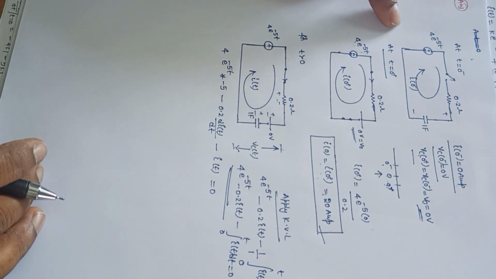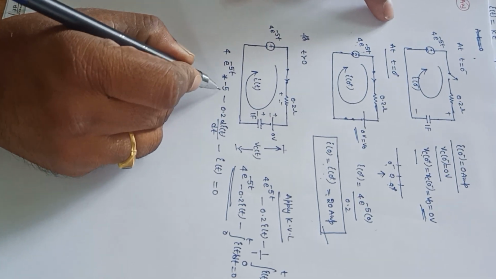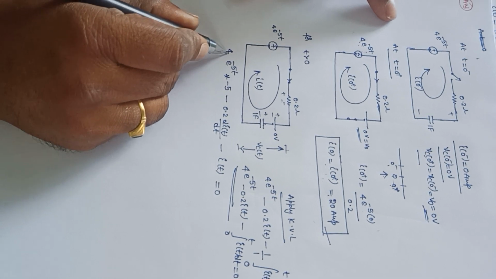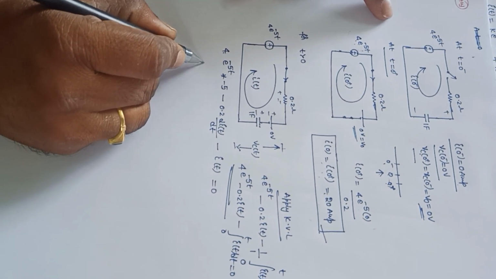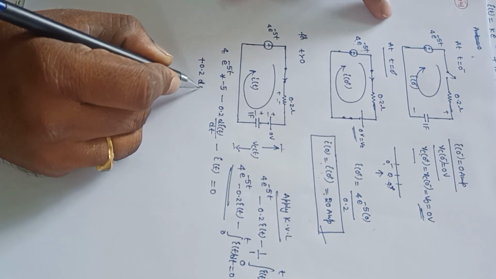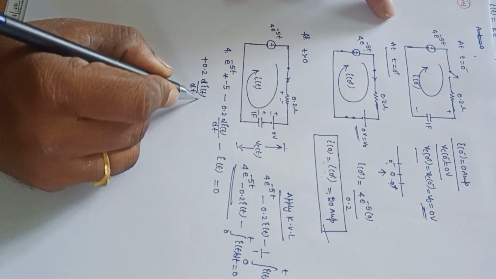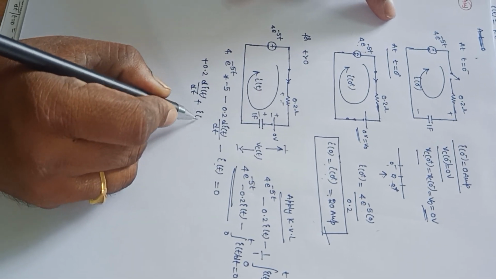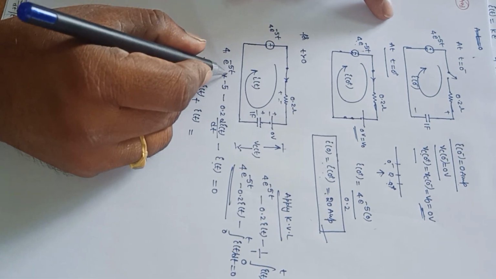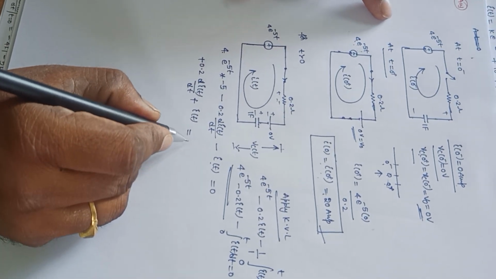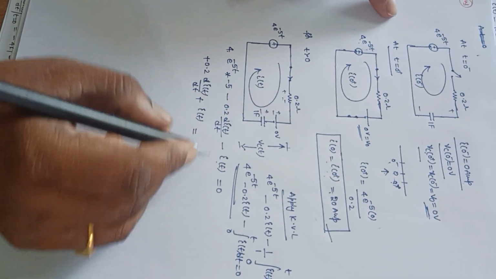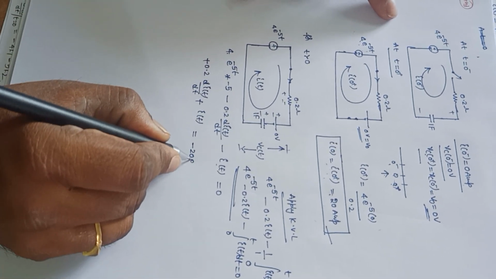Okay. Now if I take all the minus signs, it is 4 into 5, 20. First you write plus 0.2 into di of t by dt plus I of t is equal to, if I bring this term to the right side, then it will become minus 20 into e power minus 5t.